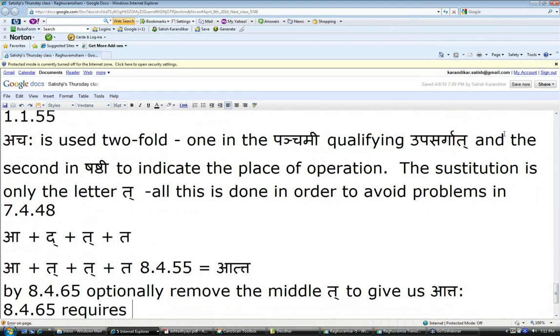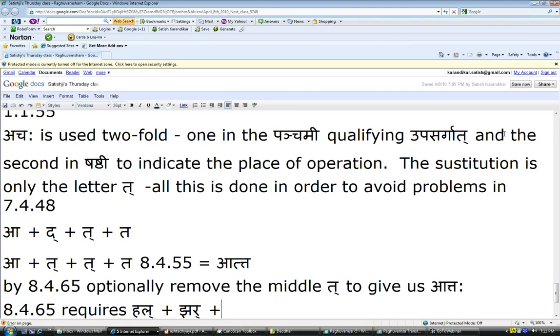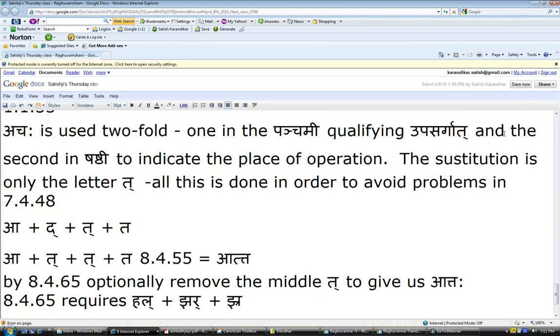It requires this hal, so any consonant, plus a jar, so it starts from jabai all the way to shasha sar, so it's jar plus jar, which is what we had, because we had ta ta ta. And those two jars should be savarnas.